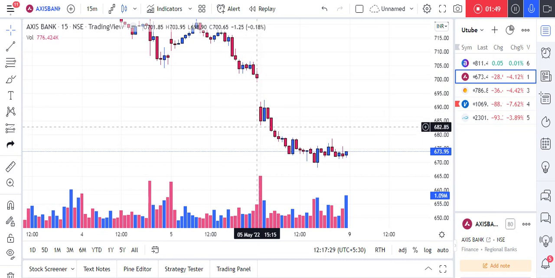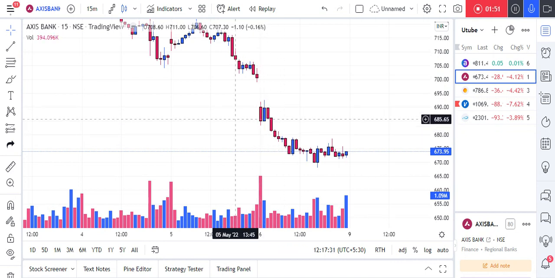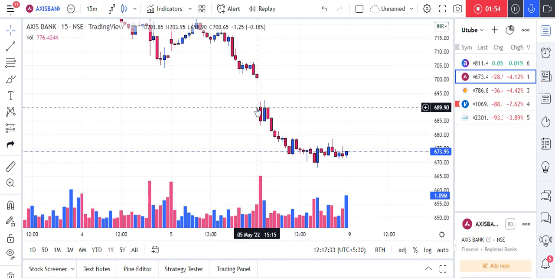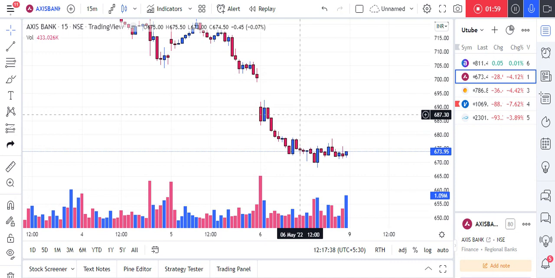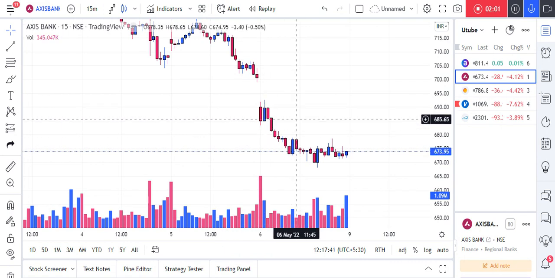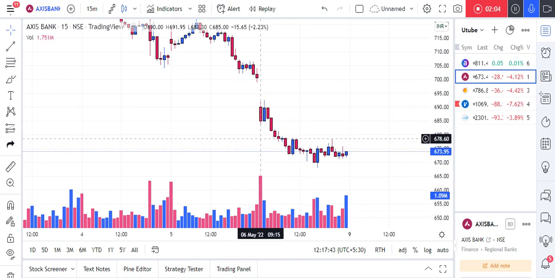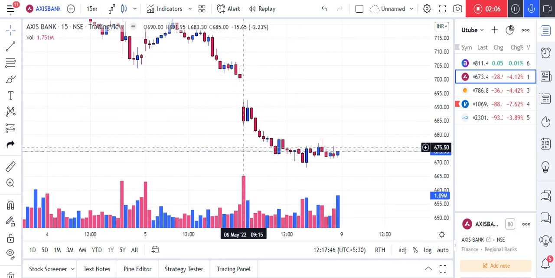And then we have to take the entry at the low of the candle, keeping the high of the first candle as our stop, and we can take 1 is to 2 as the profit ratio. So the entry point is 683.2, because the low is 683.3, so 10 paise below that we are entering at 683.2, and our stop is the high of the candle.